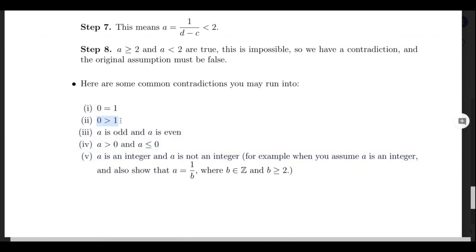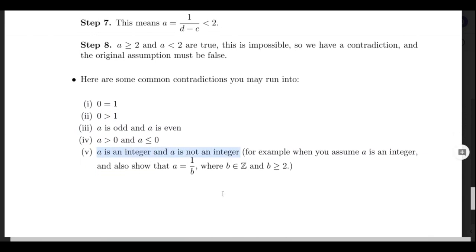Or 0 greater than 1, which we sometimes encounter in other situations. Or A is odd and A is even, impossible, because A is either odd or even. Or A is greater than 0 and A is at most 0, contradiction. Or A is an integer and A is not an integer, contradiction.